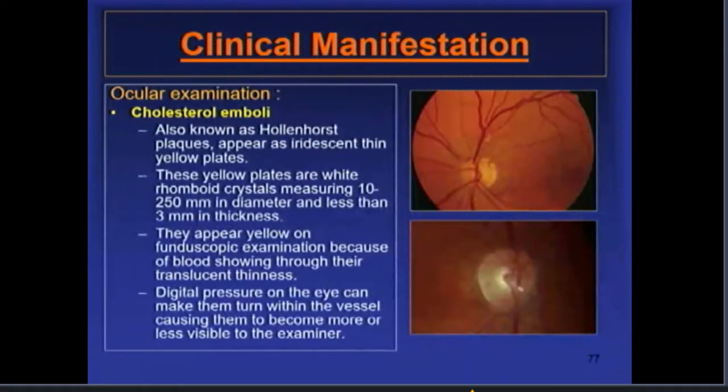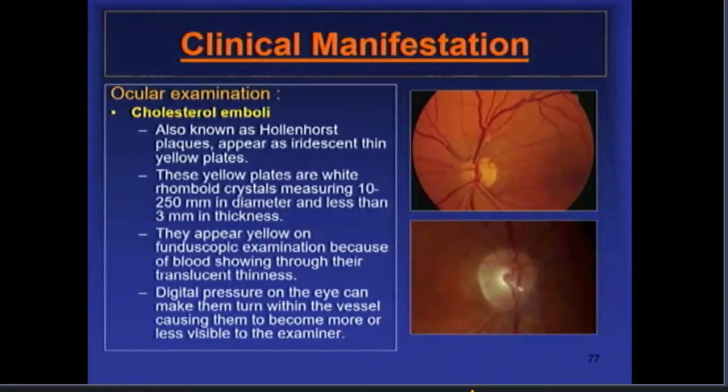Cholesterol emboli, also known as Hollenhorst plaques, appear as refractile yellow plaques, and usually these yellow plaques are white rhomboid crystals measuring 10 to 150 micrometers in diameter and less than 3 millimeters, as we see in these patients. They appear yellow on fundoscopy because the blood can flow beside them.